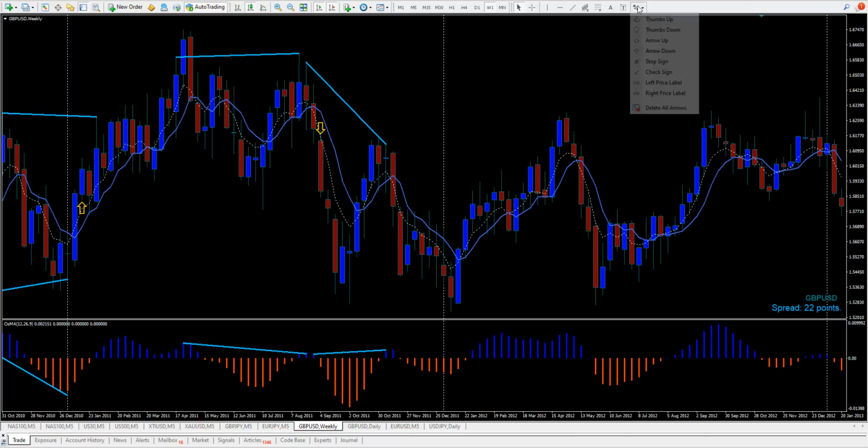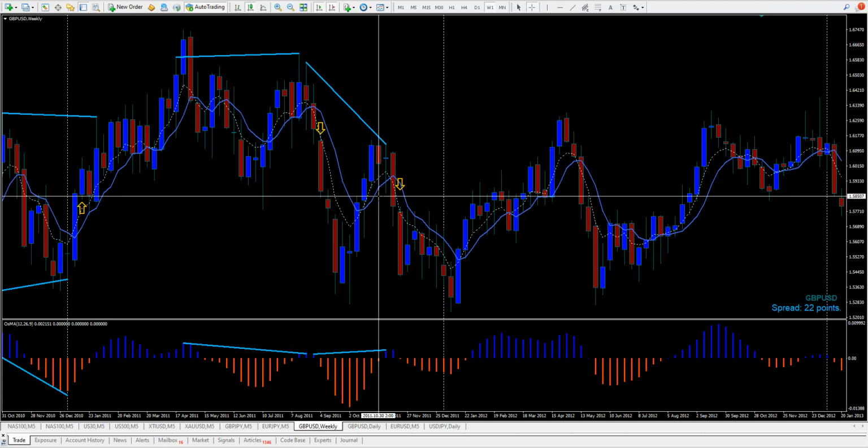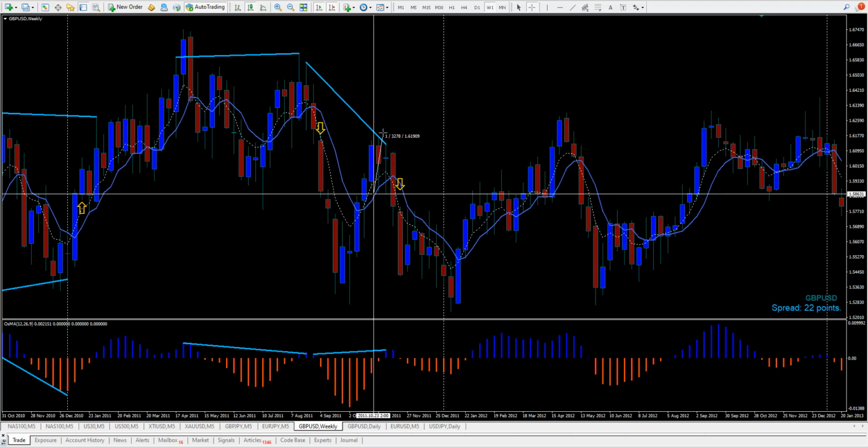So anyway, let's say right here, we would have got short just underneath these 2 wicks of candles. So you would have sold it right here. Your stop would be at the nearest swing high. So that's 318 pips. Did we get our 318 pips? We did.